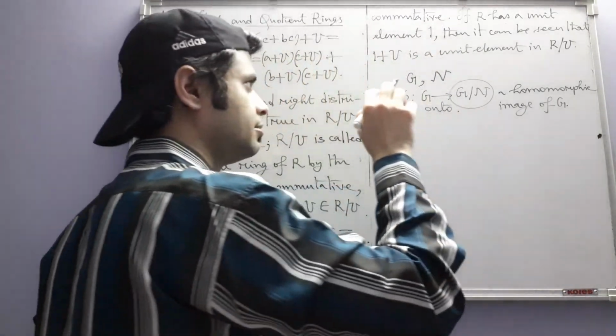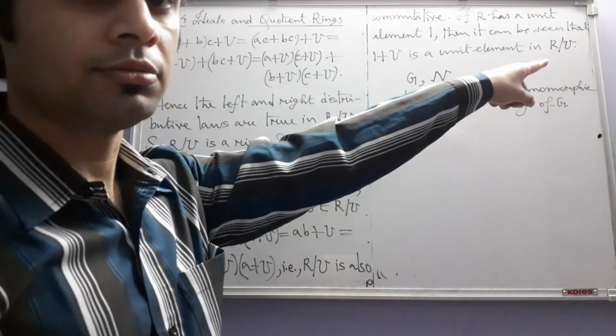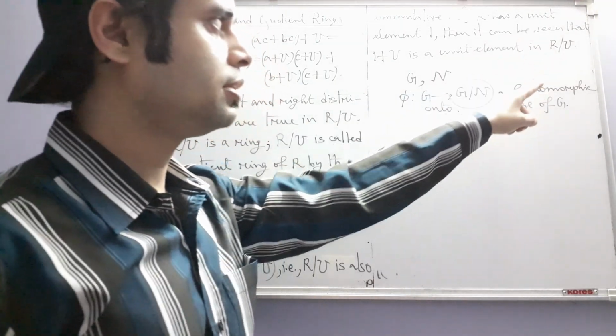Just like that, if we are given an ideal U of R, then the quotient ring R by U is a homomorphic image of R.